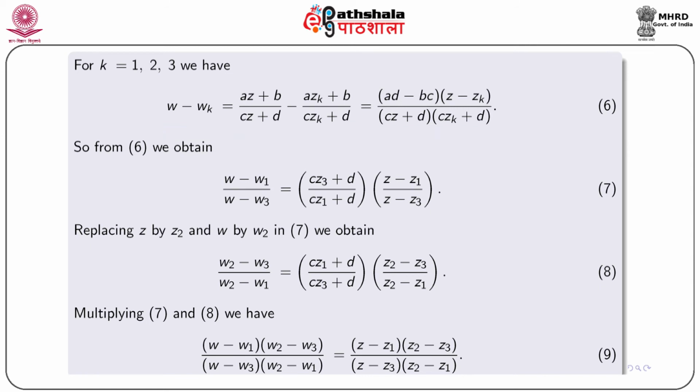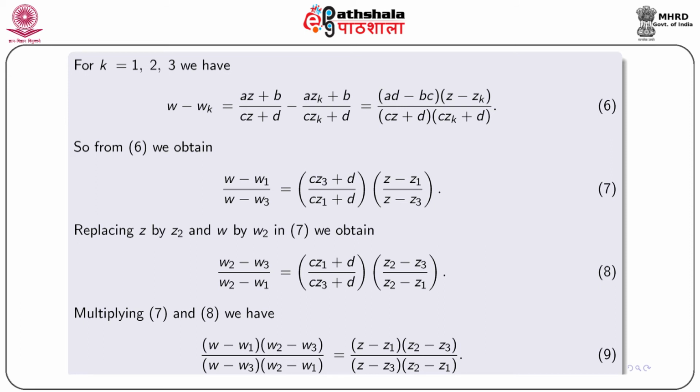So, from 6 we obtain (W minus W1) by (W minus W3) equal to (Cz3 plus D) by (Cz1 plus D) into (Z minus Z1) by (Z minus Z3).